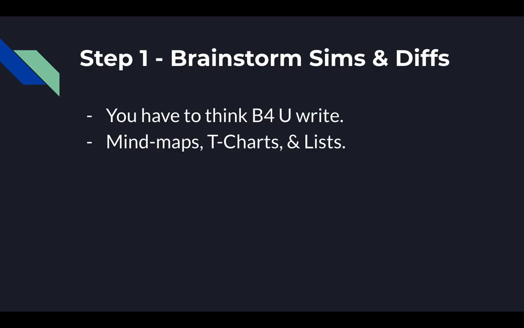Another way that works, and you can almost use these ways together, is a T-chart. What a T-chart is, you put your topic at the very top of your page, and then you draw a line down the middle and a line across. And then on one side you put similarities, on the other side you put differences, on either side of that central line.